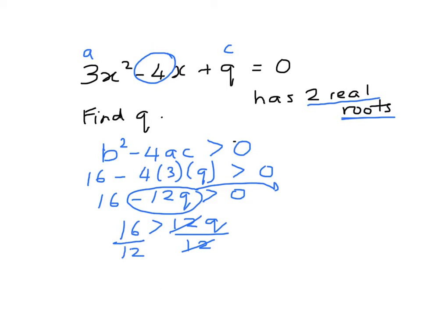Divide by 12 on both sides. 16 divided by 12 is 4 over 3. So q must be less than 4 over 3 in order to have two real roots. That's my value of q.